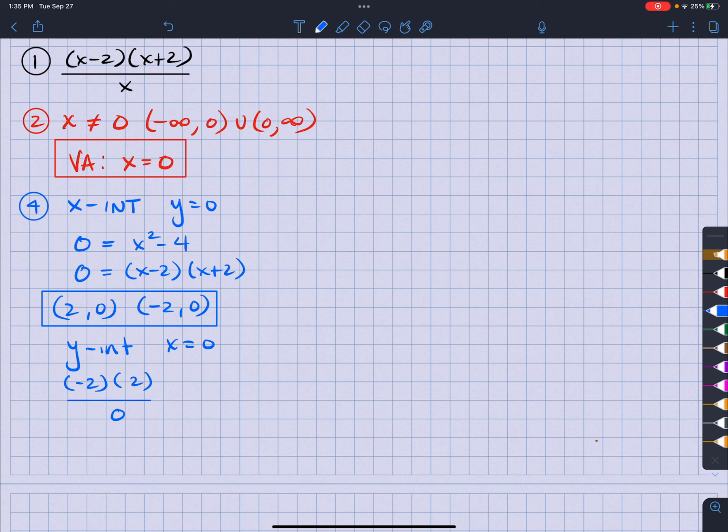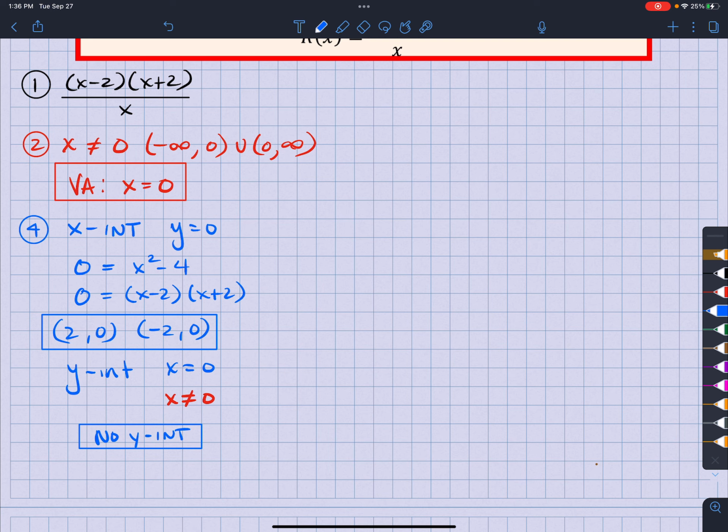Negative 4 divided by 0 is undefined. Well, here's the thing. I already know that x cannot equal 0, based on my step 2. So therefore there is no y-intercept. All right, so I know that. Great. All right, what's next?